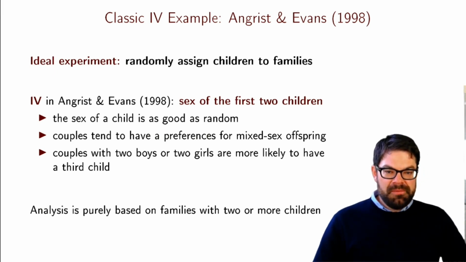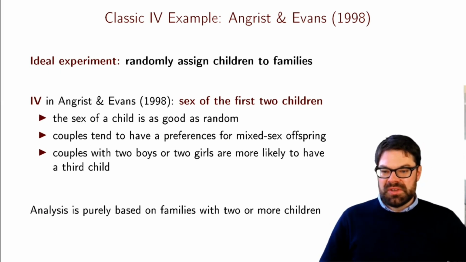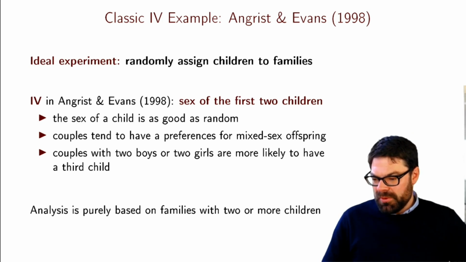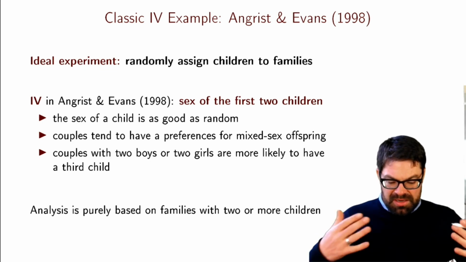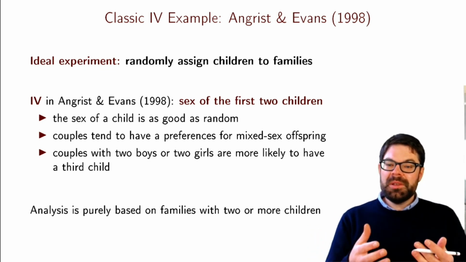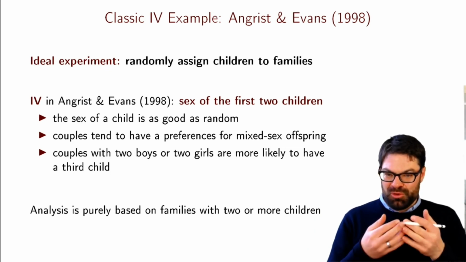And Angrist and Evans, what they do is they use an instrumental variable. But before we do that, and before we start any causal study, we should always think about, well, what is the ideal experiment one would run if you could?